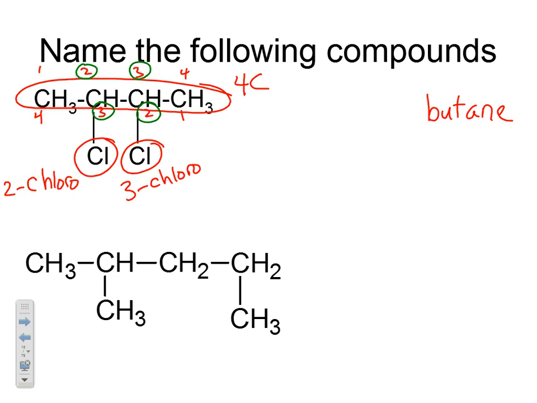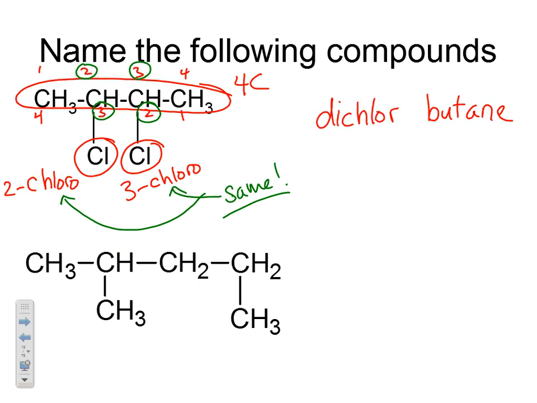But remember, I don't want to say 2-chloro, 3-chloro, because these are the same substituent. I want to instead say dichloro, so I'm going to stick that in front of the butane.